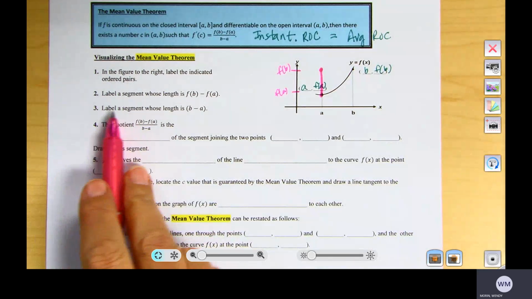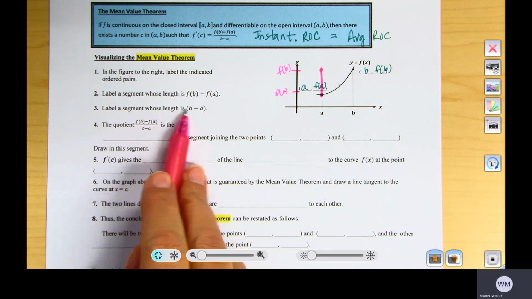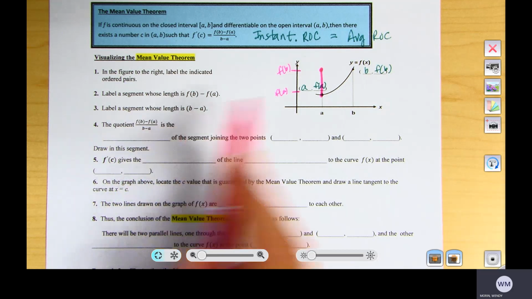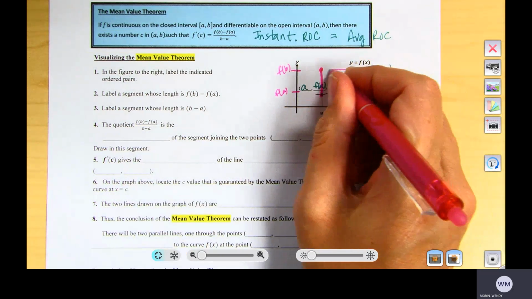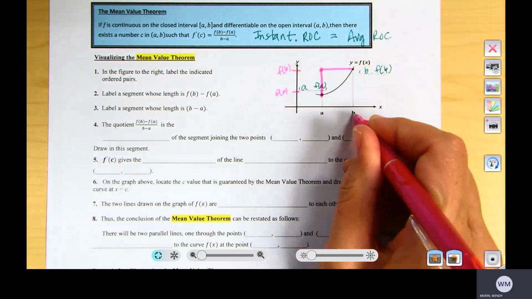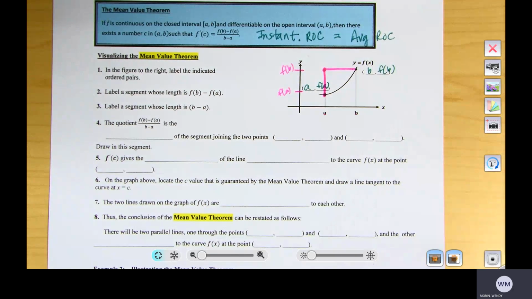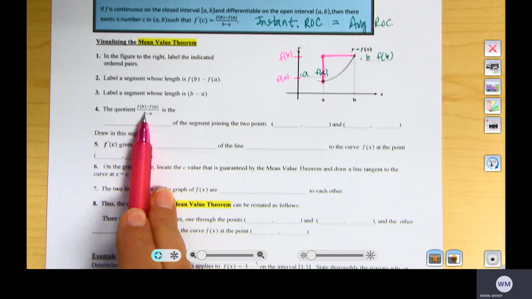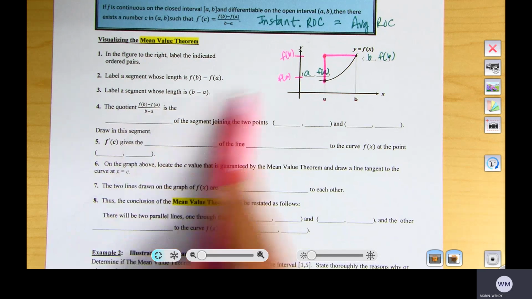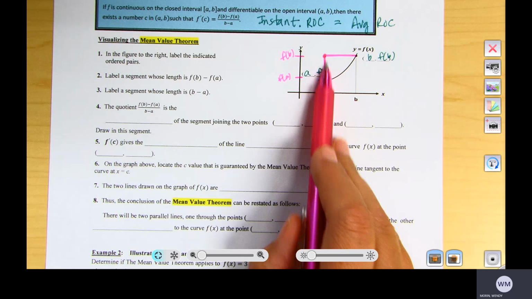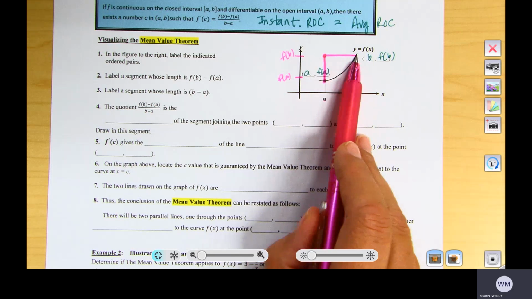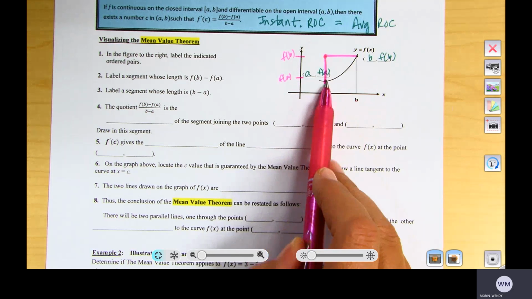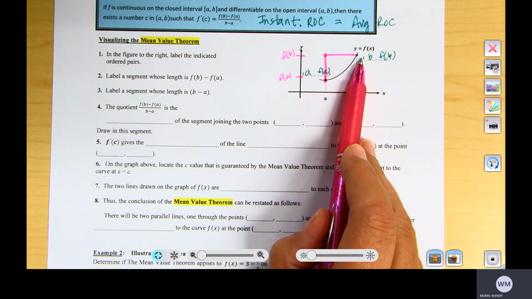Okay. Now we're going to label a segment whose length is b minus a. So that's going to be this one right here, b minus a. Now, the quotient f of b minus f of a divided by b minus a. Rise over run, right?